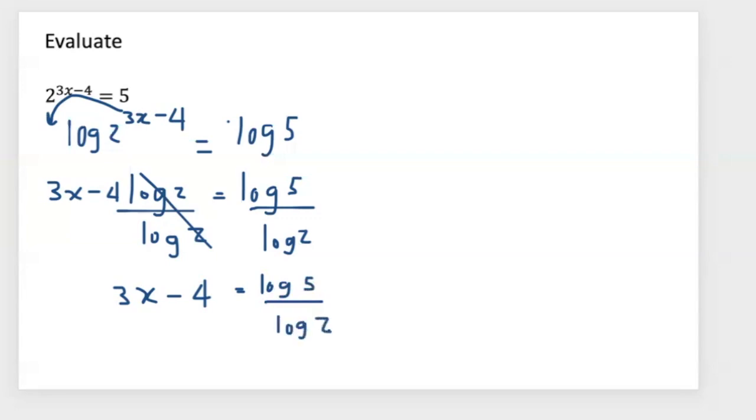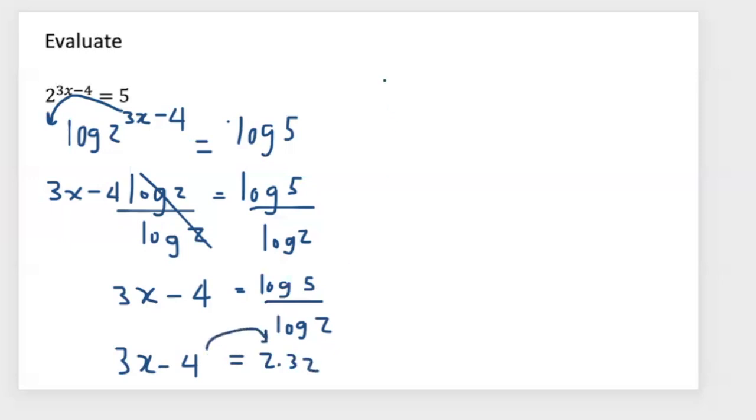And now log 5 over log 2, you can put that in your calculator. Log 5 divided by log 2, and that will give us 2.32. So we have 3x, take away 4, equal 2.32.